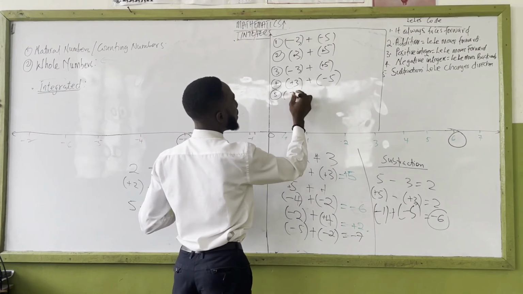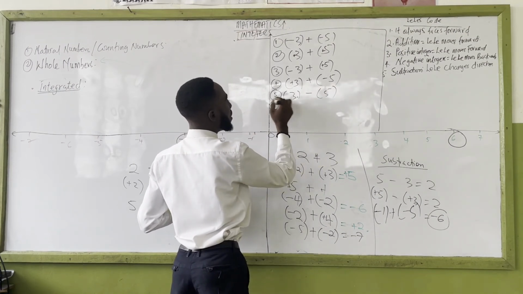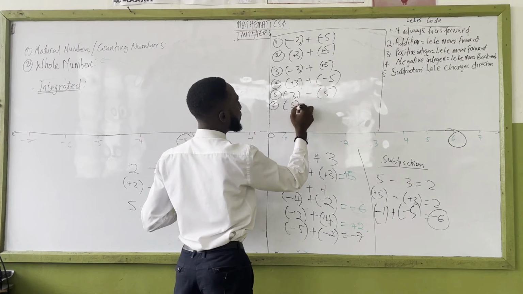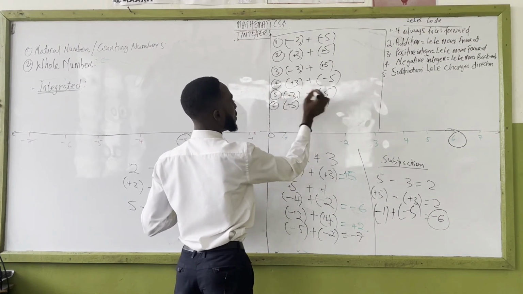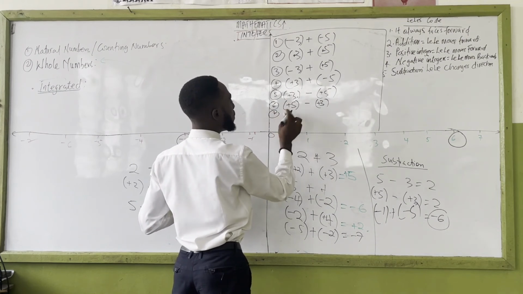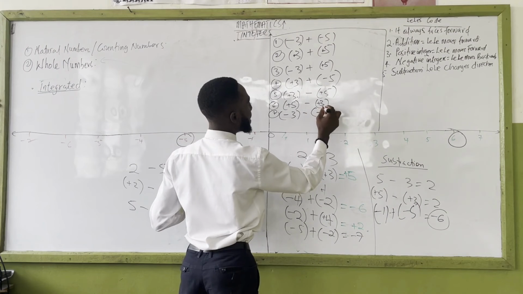So let's start from 3 minus 5. 5 minus 3. Then the next one will be negative 3 minus negative 5.